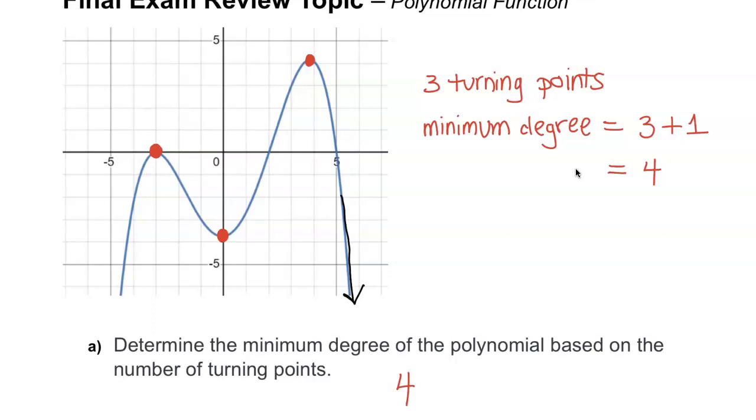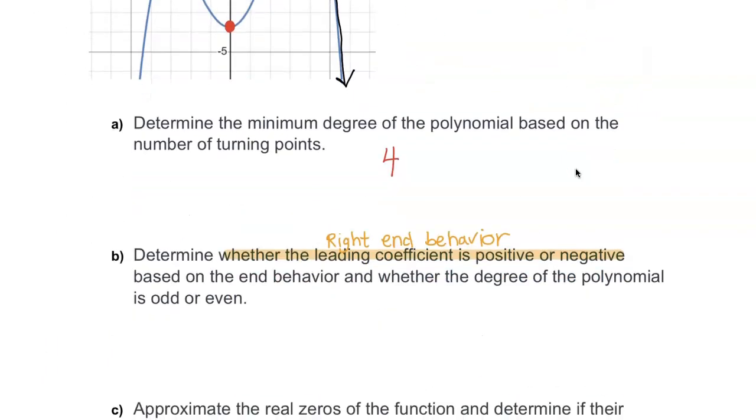This is an M-shaped graph. So the right end is pointing down. So we know this graph will have a negative leading coefficient, because the right end behavior is going down to the right.